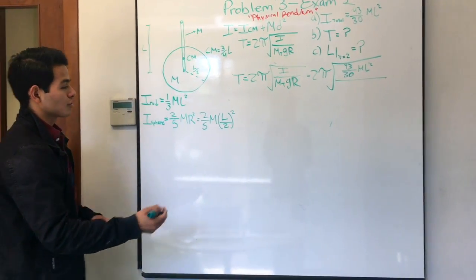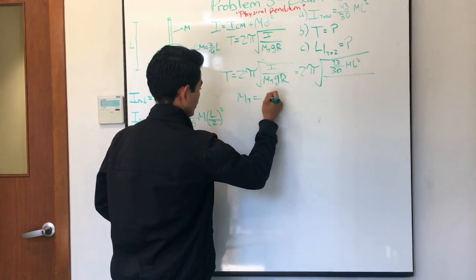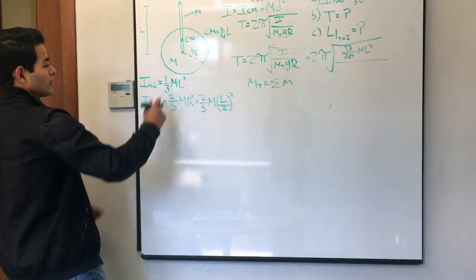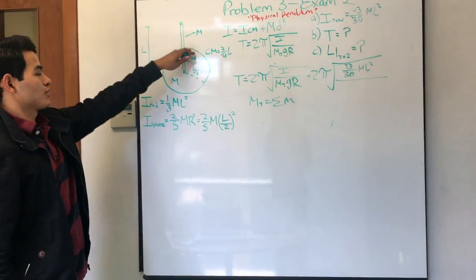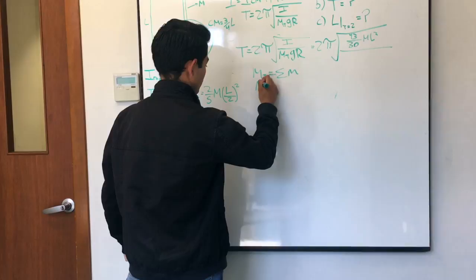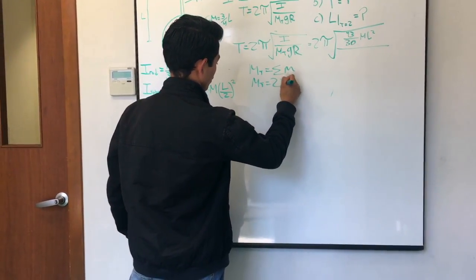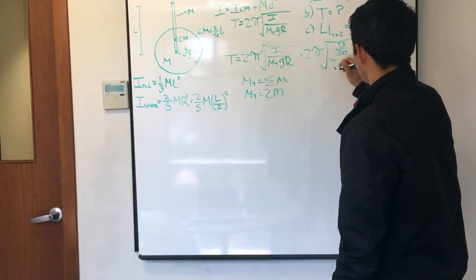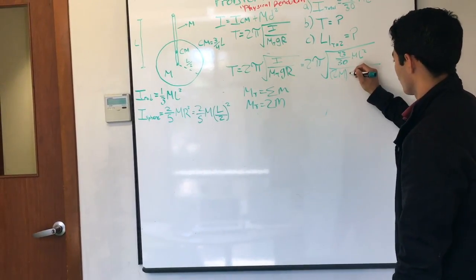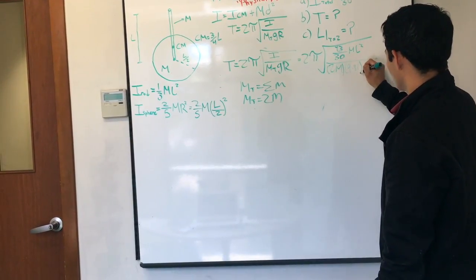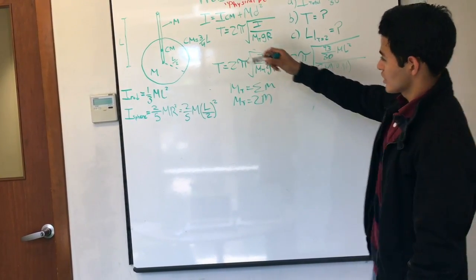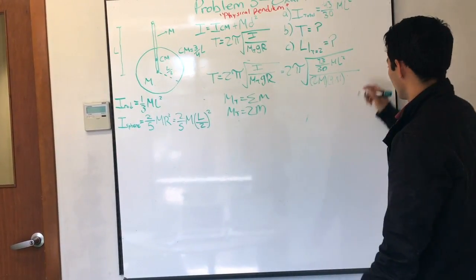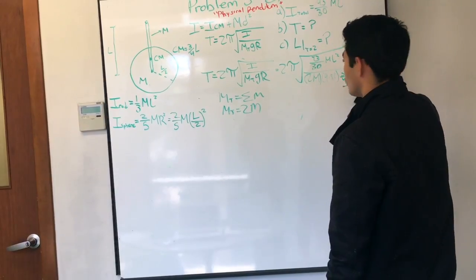The total mass is the sum of each mass, and the mass of the sphere is equal to the mass of the rod, so the total mass will be 2m, times gravity, times the distance from the pivot to the center of mass, which is 3/4 of the length.